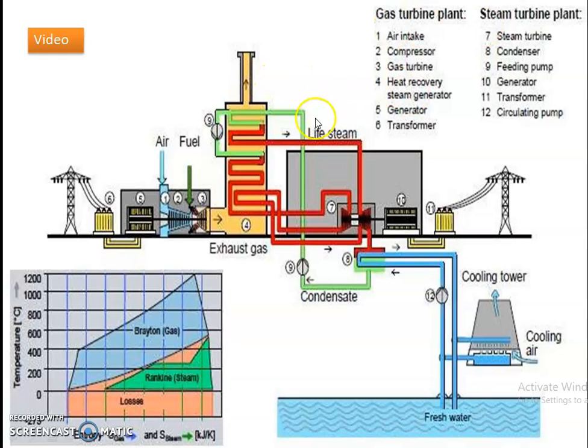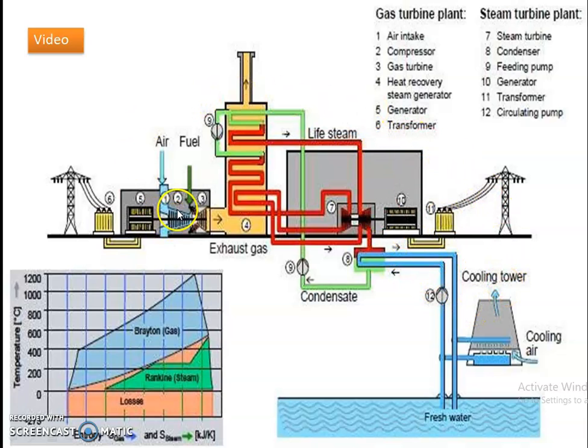This is also one of the processes for the topping cycle. We simultaneously produce energy generation in the cogeneration unit. On the left hand side is the entire gas turbine plant, and on the right hand side we see the steam turbine plant.